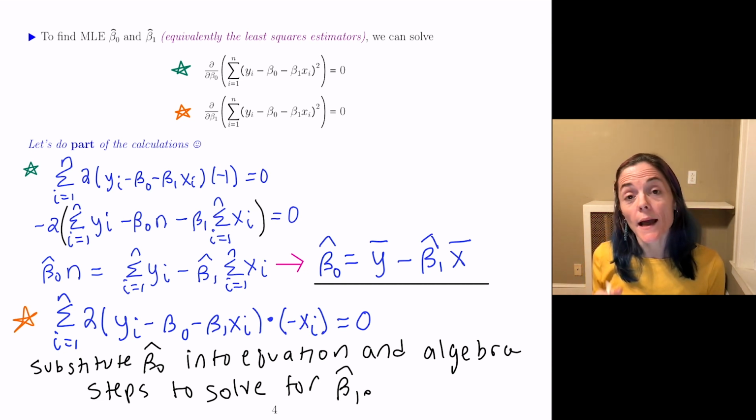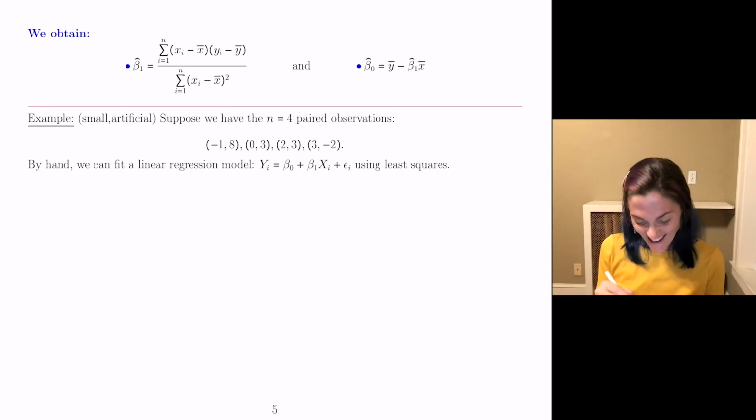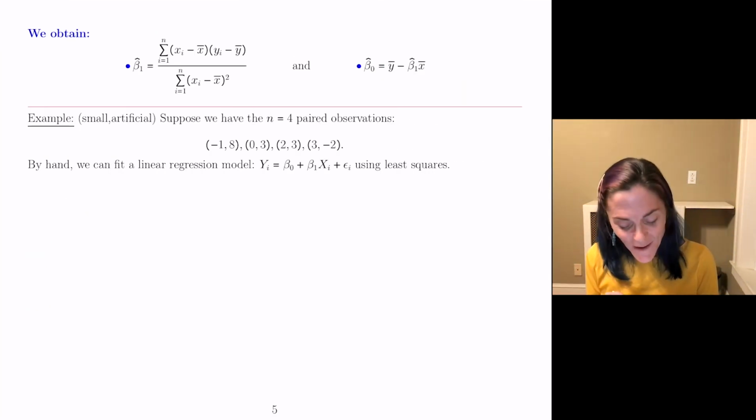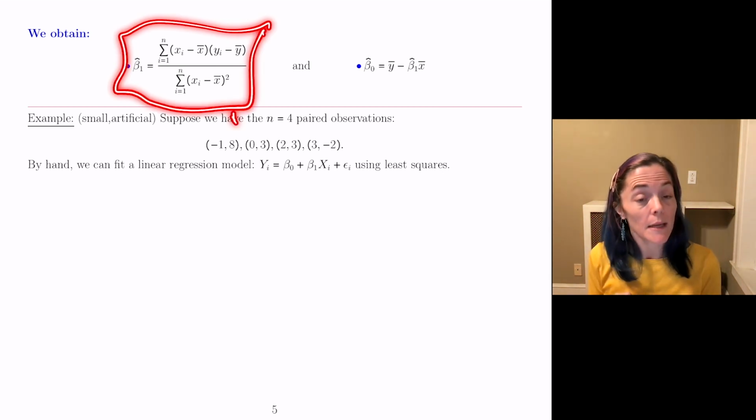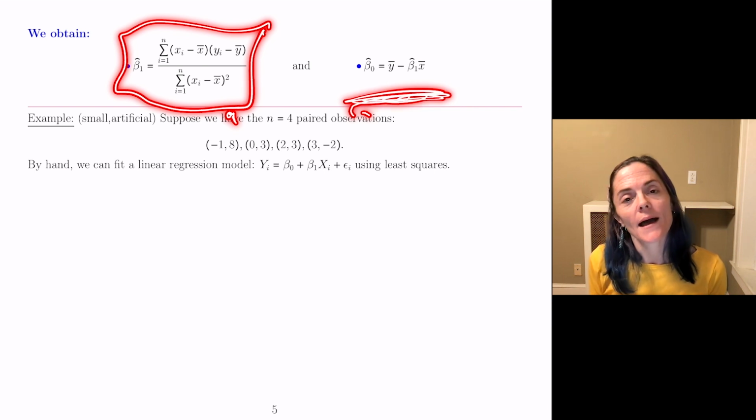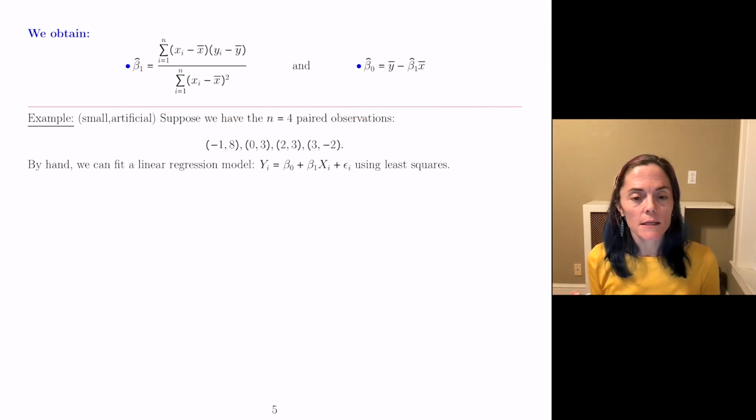Okay, at this point, I'm going to move to the next page and show you at least one way to write the beta 1 hat. There are multiple equivalent ways of writing it. Okay, here we go. Ta-da! You can work through the algebra if you're interested, but here is beta 1 hat, and here was this beta 0 hat that we did in fact calculate.